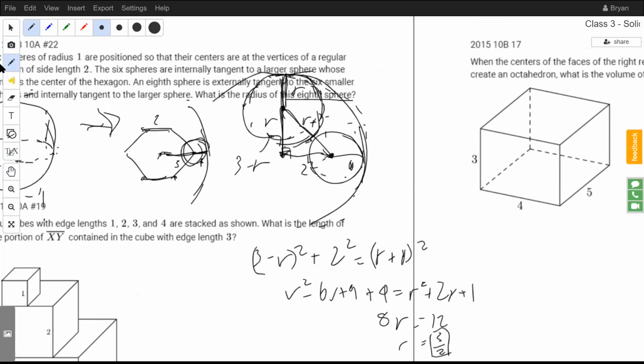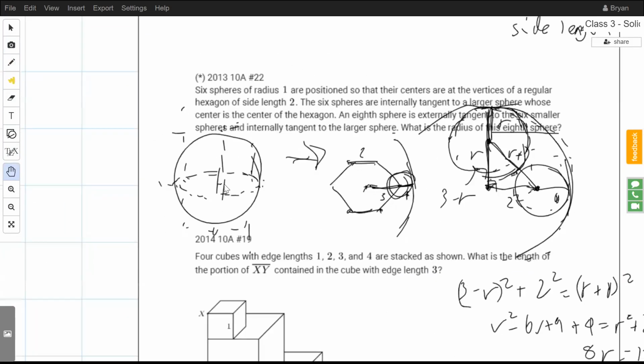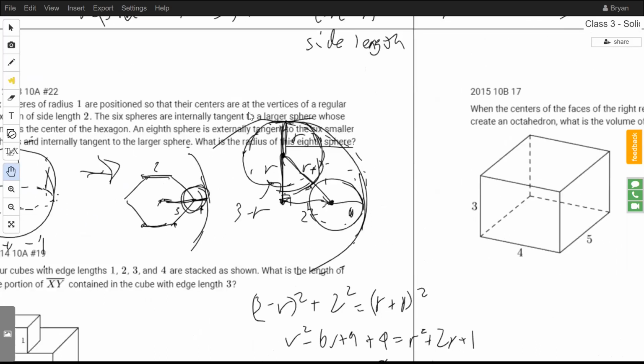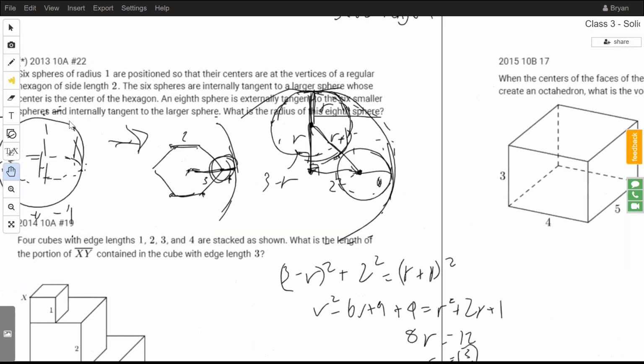I just want to emphasize how we solved this problem: we basically took multiple cross sections to be able to identify different points of information that you need, and then once you have that, you can just create some kind of equation for you to solve for the radius.